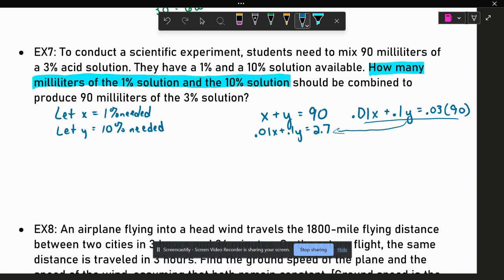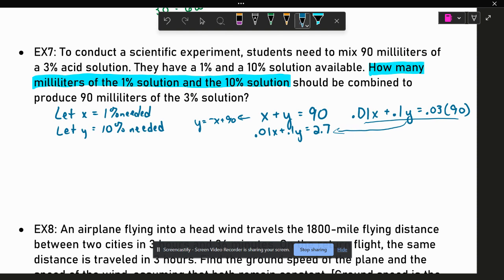So now we can use either substitution or elimination in order to solve. I think I'm going to use substitution just to show substitution, but you can also use elimination. It's up to you. I'm going to make this top equation here y is equal to negative x plus 90.